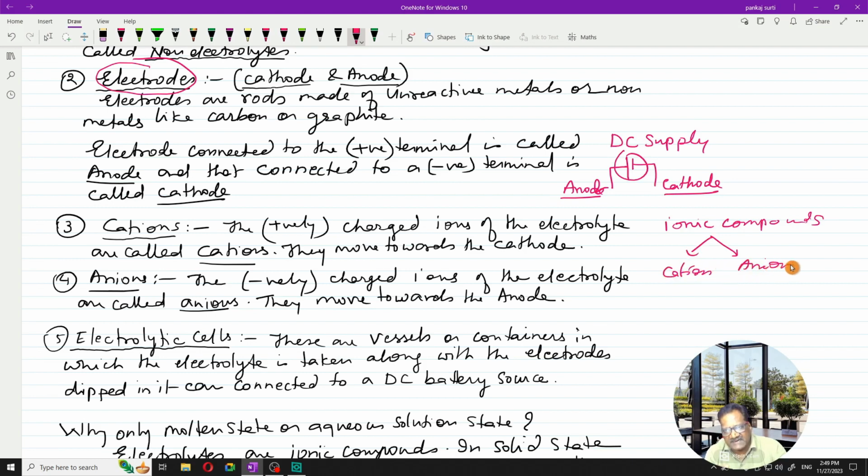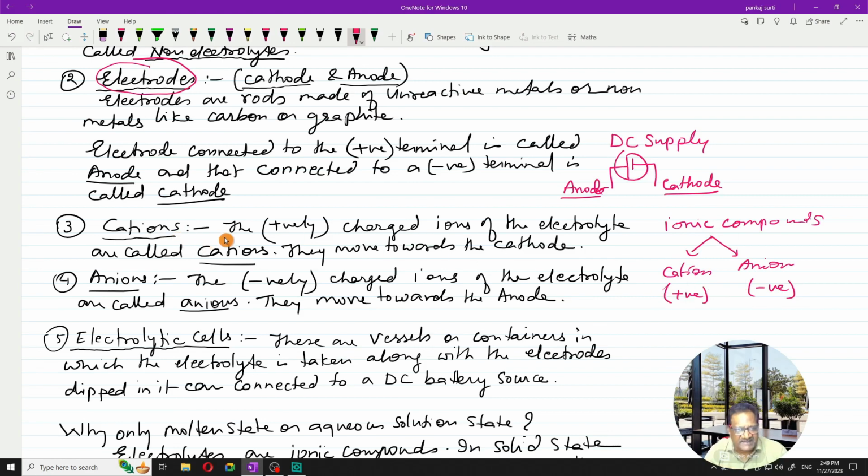Cations are the ones having positive charge, and anions are the ones having negative charge, isn't it? So cations and anions are the two components of any ionic compound. When this ionic compound is decomposed, it will decompose into cations and anions.